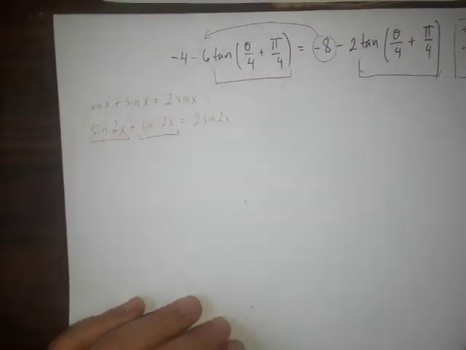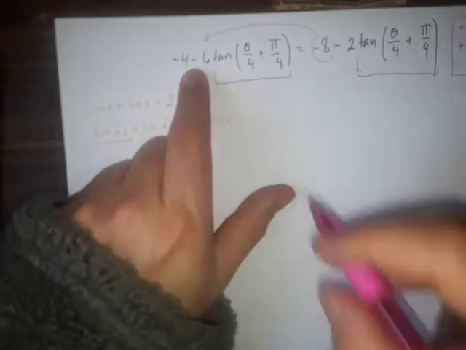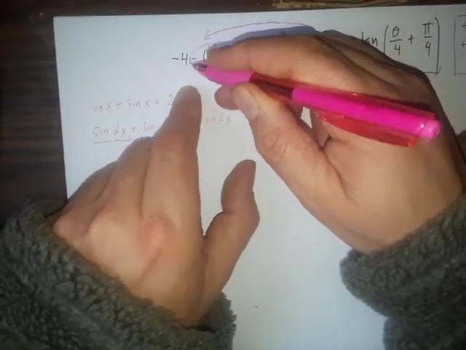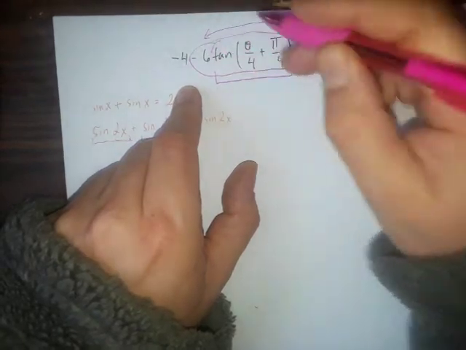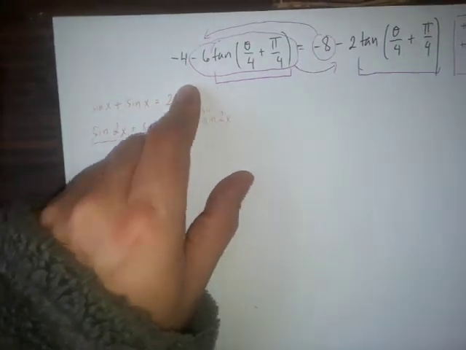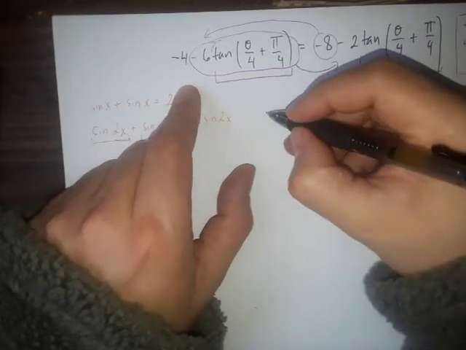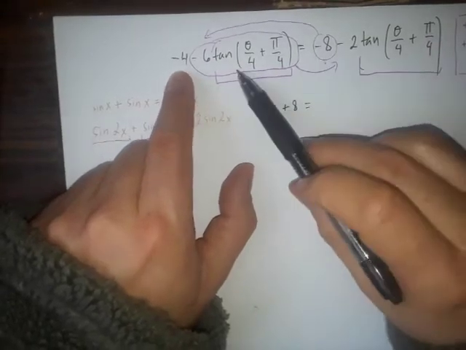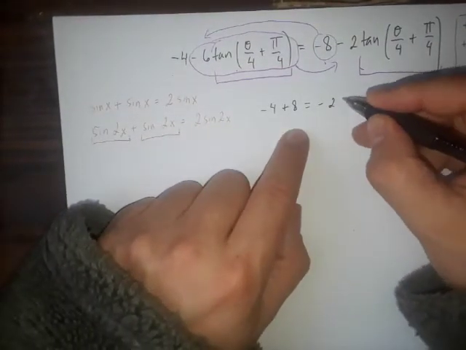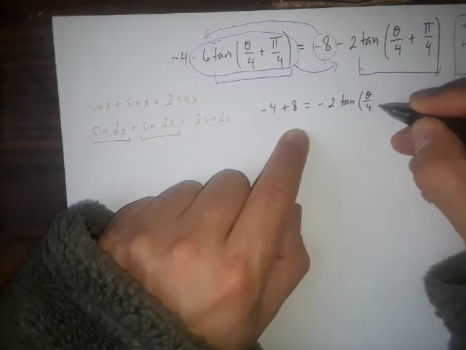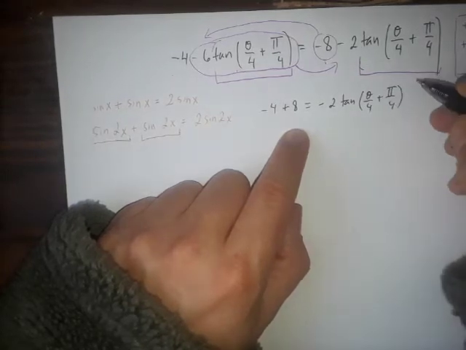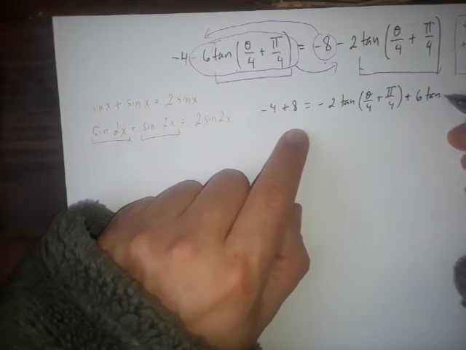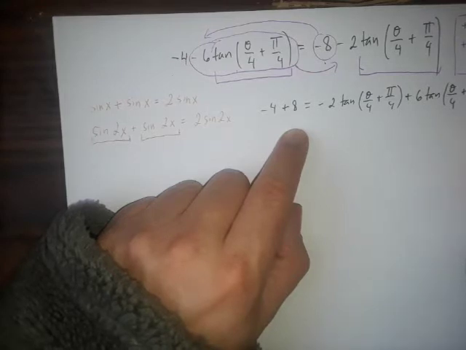So if I do both things at the same time, this -8 is going to move to the other side as positive, and all this is going to move to the other side also positive. So what I'm going to have is -4 plus 8 on this side, and on the other side I'm going to have -2 tangent of theta over 4 plus pi over 4 plus 6 tangent of theta over 4 plus pi over 4.